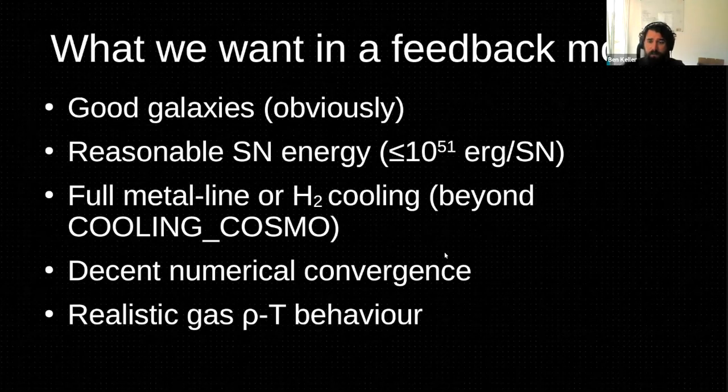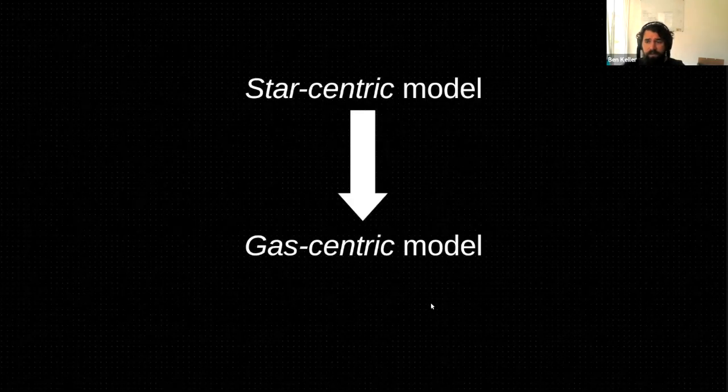And of course, we also want good numerical convergence and realistic gas behavior in the density-temperature plane. So this pushed us towards designing a model that's not star-centric, that doesn't work from the perspective of the star injecting the feedback, but instead a gas-centric model, where since gas is the thing that feedback is done upon, we want the gas to be the thing that is doing the calculations as part of the model.